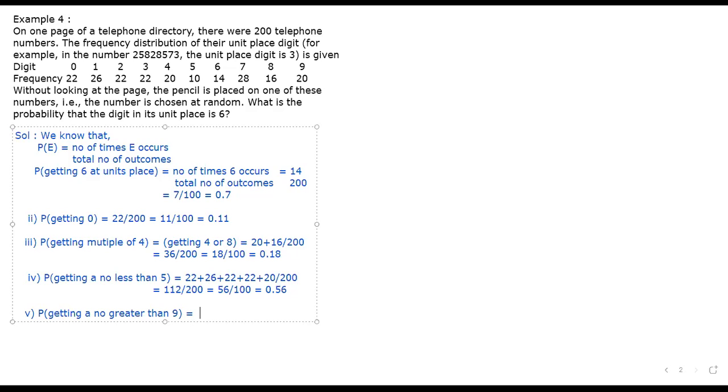How many times will you get a digit which is greater than 9? 0 upon 200, that is equal to 0. Yes or no? Yes. Are we understanding? Yes, sir.